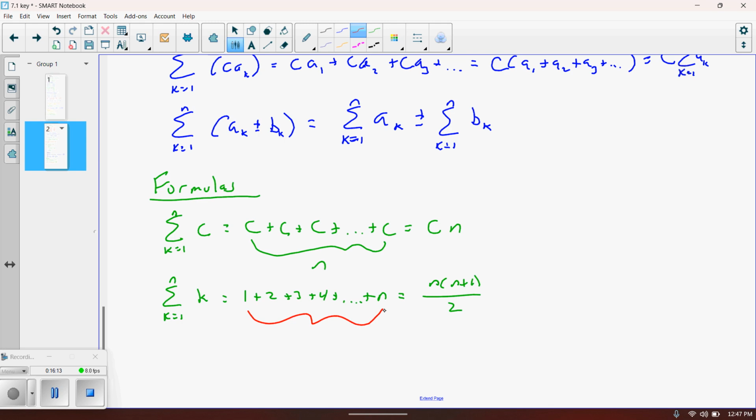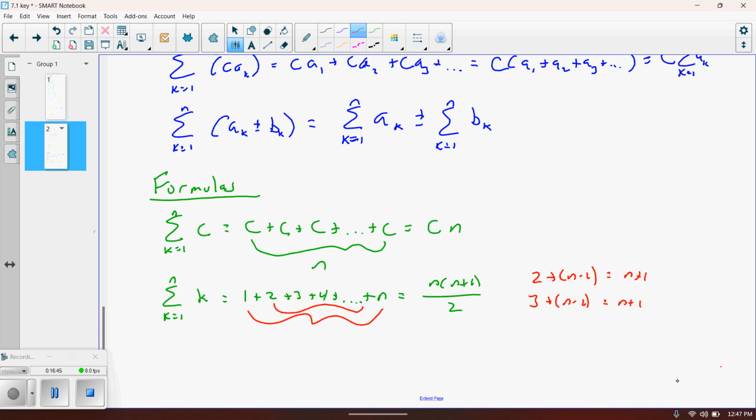If I were to take the inside of this, which I didn't write down, if I were to take the 2 and the term right before n, well, that would be 2 plus n minus 1. But that actually simplifies by combining like terms to n plus 1. If I were then to take the next inside two terms, the 3 plus n minus 2, so I'm just kind of working my way backwards from the end, that's also going to be n plus 1.